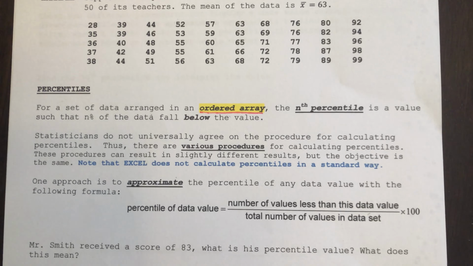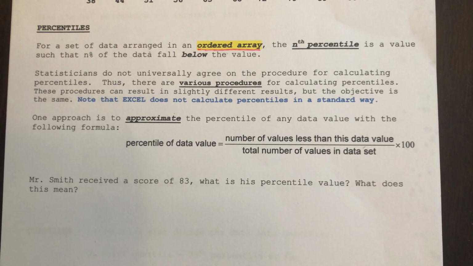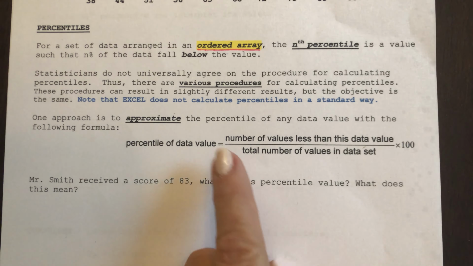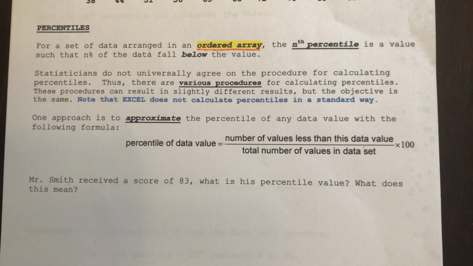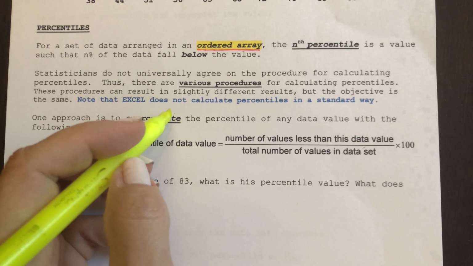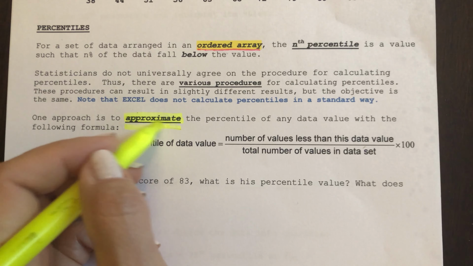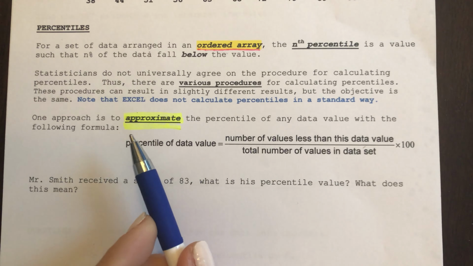The method we're going to use is rather simple, but there are more sophisticated methods. If you want to approximate the percentile of a given data value, and notice it says approximate because this isn't a very detailed procedure. Usually when I find percentiles, I find the exact percentile, but in this case we're just going to approximate it.